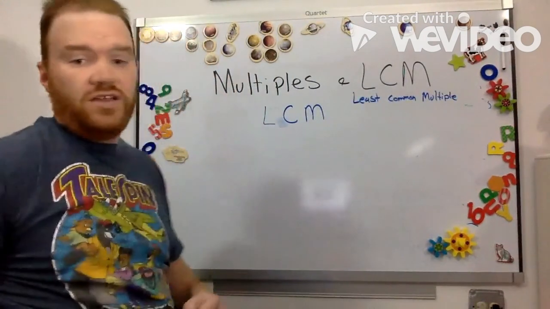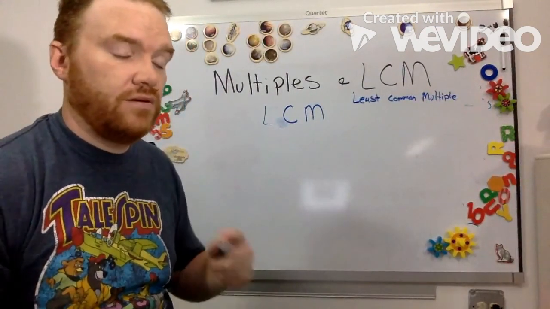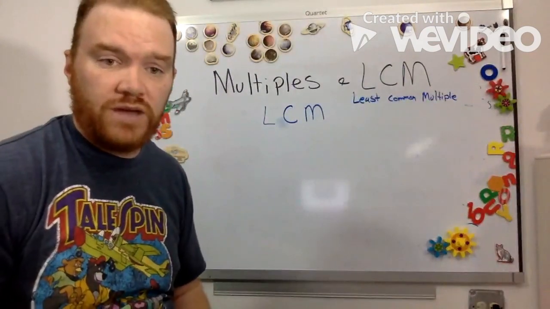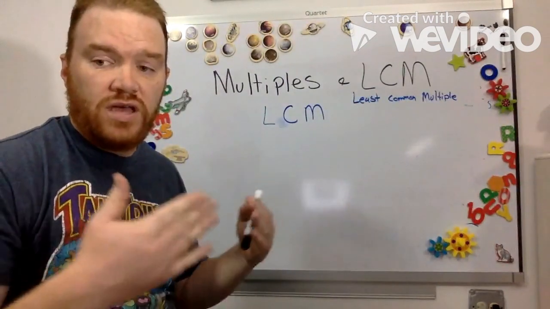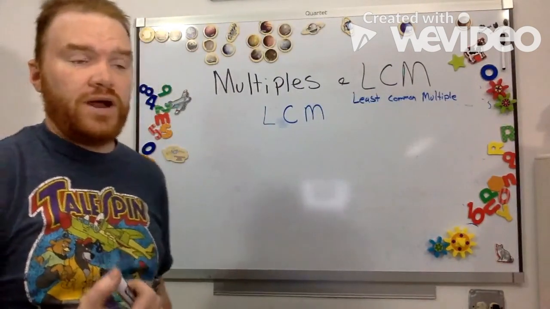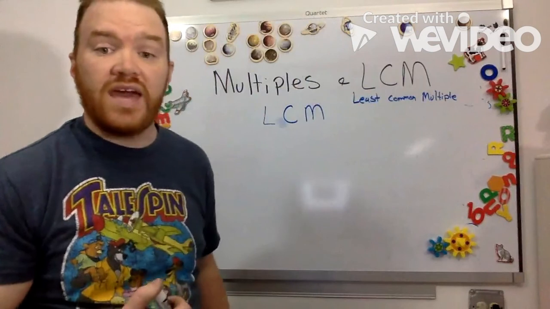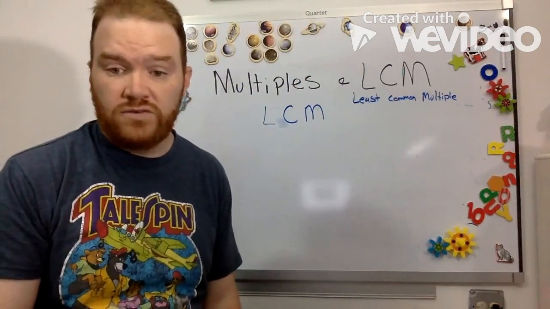There's another way we can find LCM. In one of the other videos we talked about factoring, prime factorization, and factor trees. Doing prime factorization is another way we can find the least common multiple of two numbers.